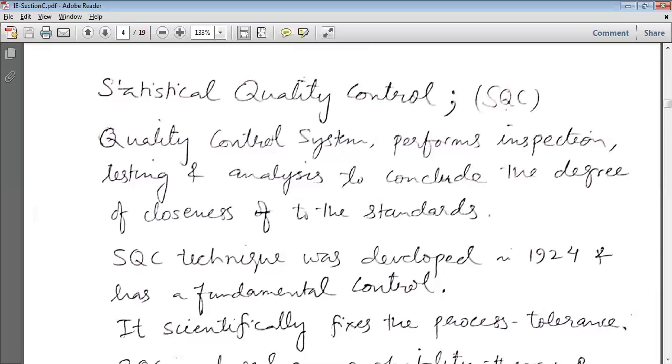In future we take care to bring it closer to the standards, so that it targets the standards exactly. That's our motto, and that is the role of statistical quality control.